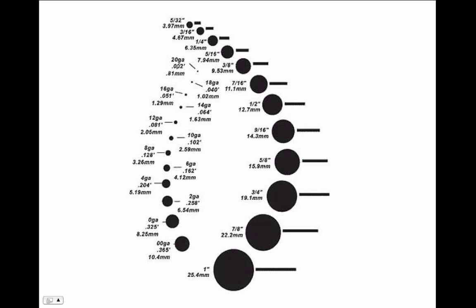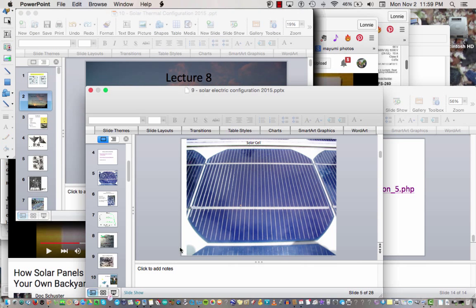It goes 20, 18, 16, 14, 12, 8, 4, and then it goes to 0, and then double 0 and triple 0, and a 0 is often also called an aught. So 0 gauge wire is often called aught. Double 0 gauge wire is called double aught, and then you've got 4 aught wire, which would be even bigger. Typically you go with these American wire gauges. And that's it.